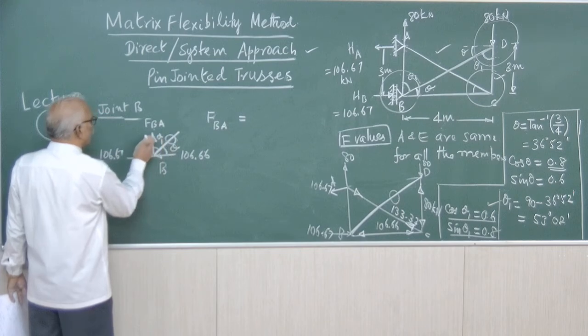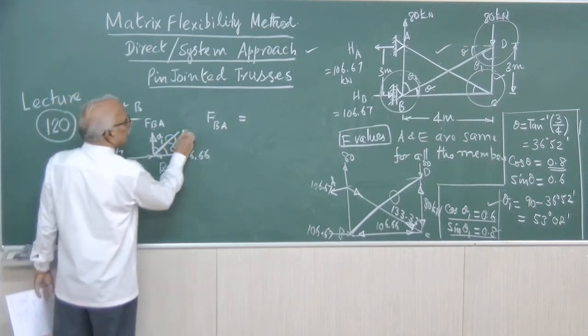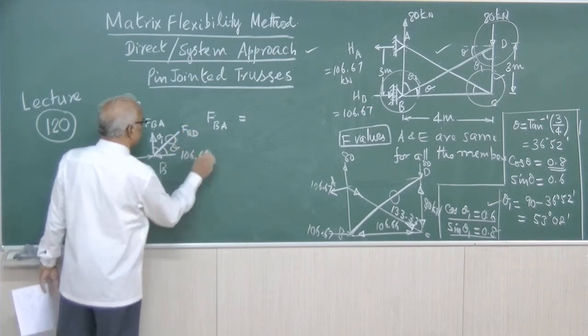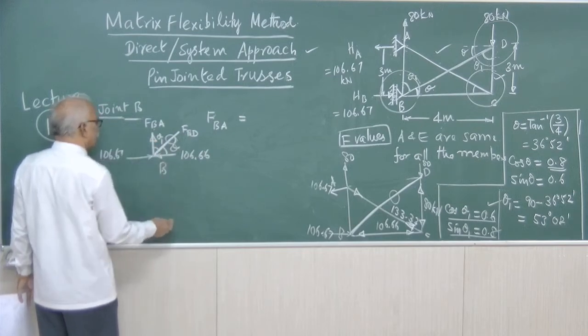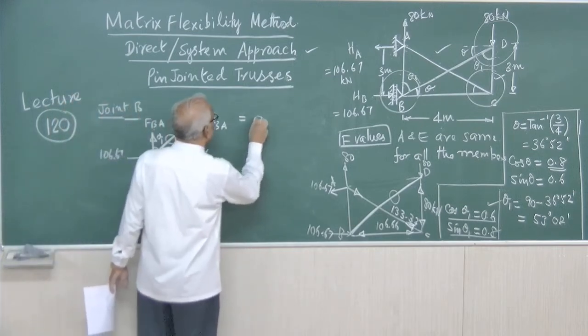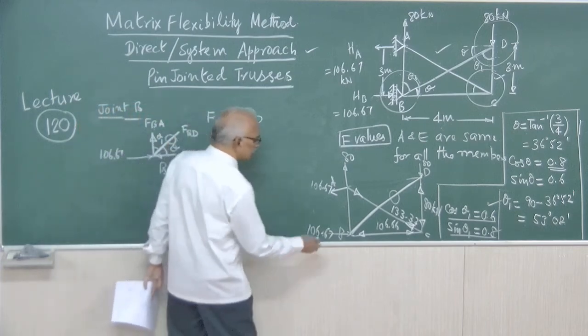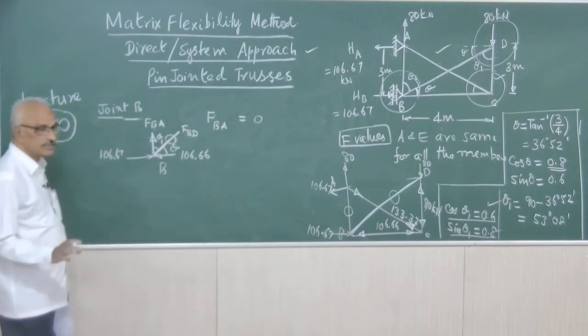That will also give only 0. So say BD, this is FBD. That is 0, already it is 0. So that when we resolve in the vertical, that will be 0. Therefore FBA equal to 0. Therefore this is also a dummy member. So that completes the analysis.